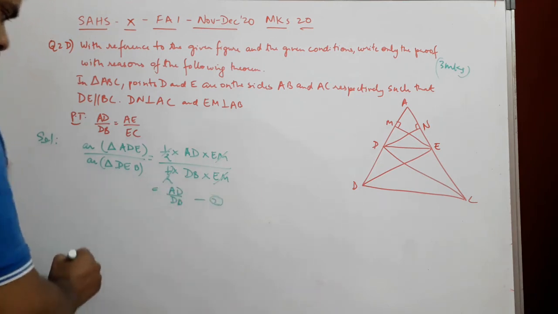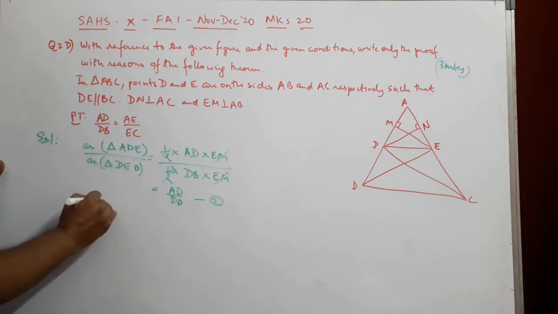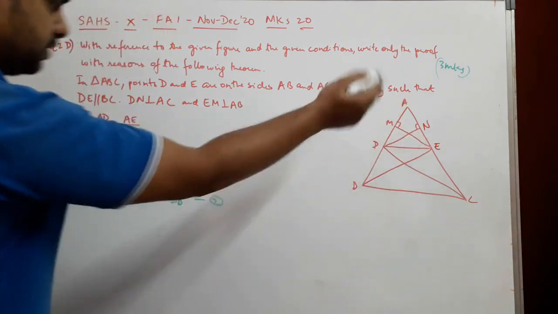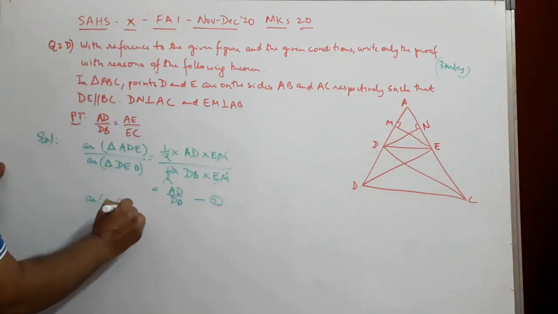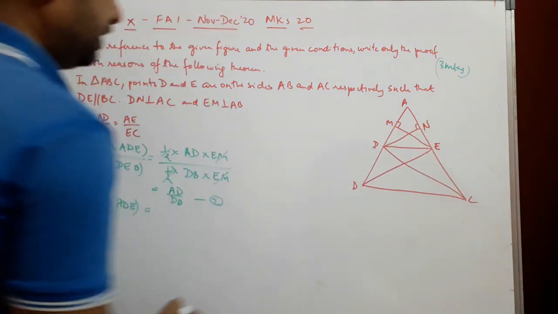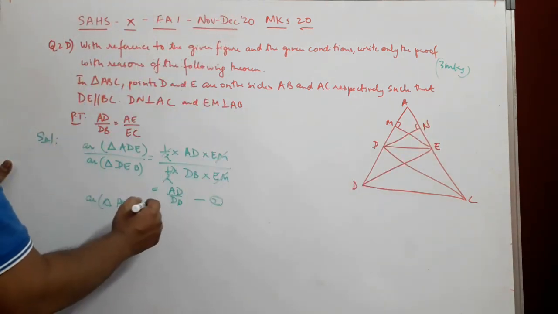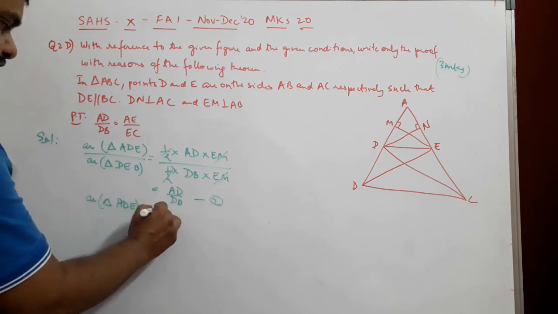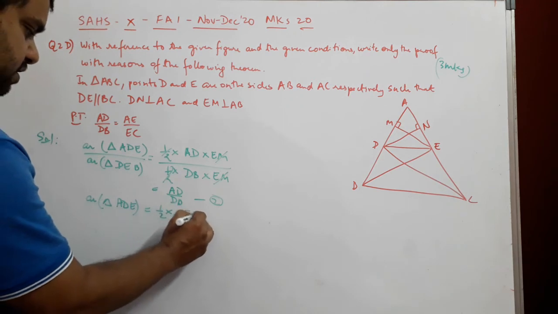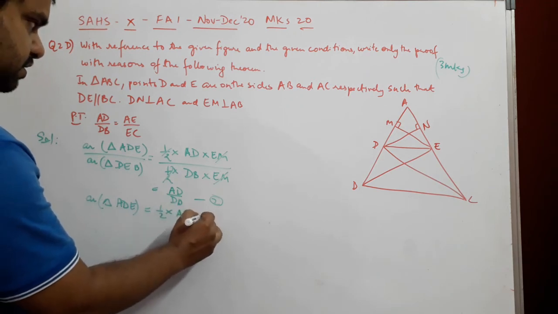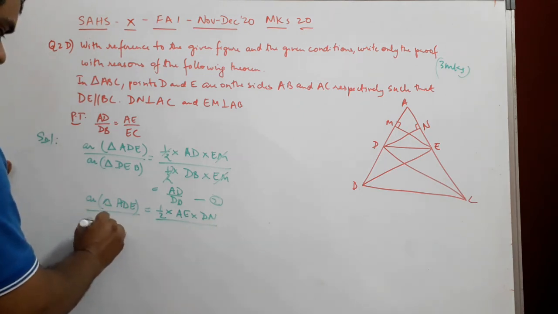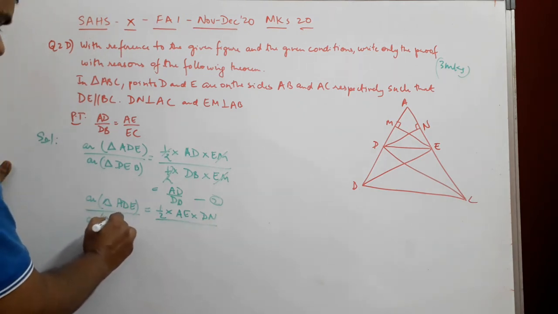Next we take area of triangle on the other side now. Same thing, ADE, but on the other side. That is using the perpendicular DN. So half base will be AE and height will be DN, whole thing upon area of triangle DEC.